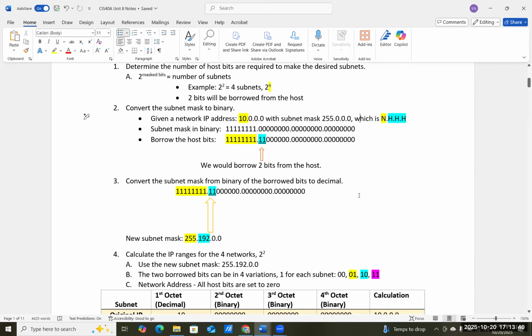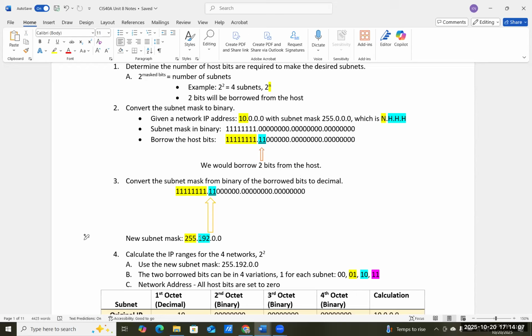If you convert it back into the decimal, you know that the front is going to be 255. We already know that. But the second ID for your subnet mask, it is 192, right? If you don't believe me, take the 1s and the rest of the 0s, put it into your programmer calculator as binary, and click decimal, and you would have 192.